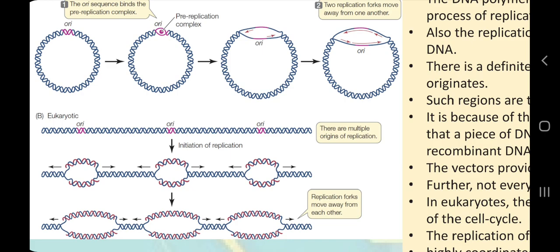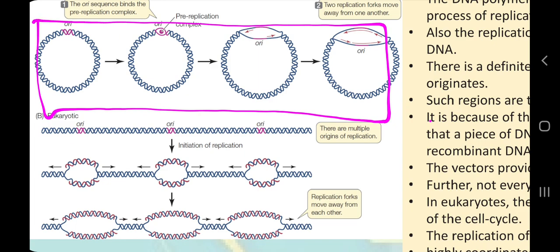And in case of bacterial cells, the DNA is circular. You can easily see in the diagram. So whether it is circular DNA or linear DNA, it will unwind first, then there will be a space which is called the replication bubble, there will be a replication fork, and there will be continuous and discontinuous synthesis. It will go on, and finally the complete DNA will be duplicated or replicated.